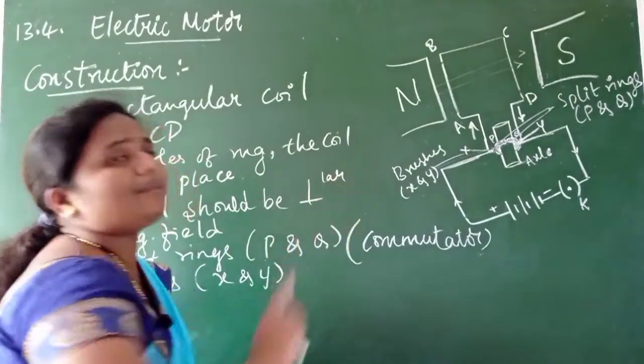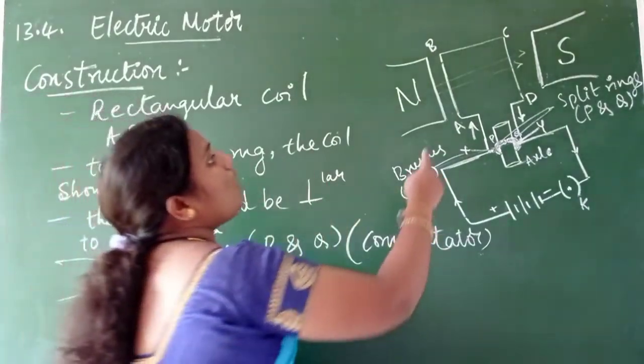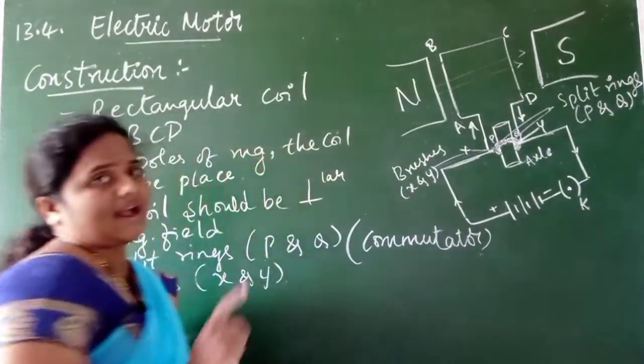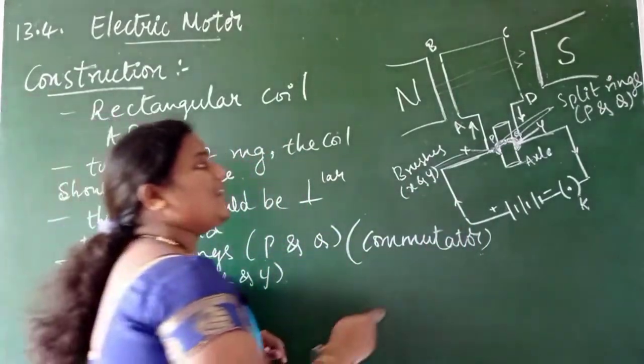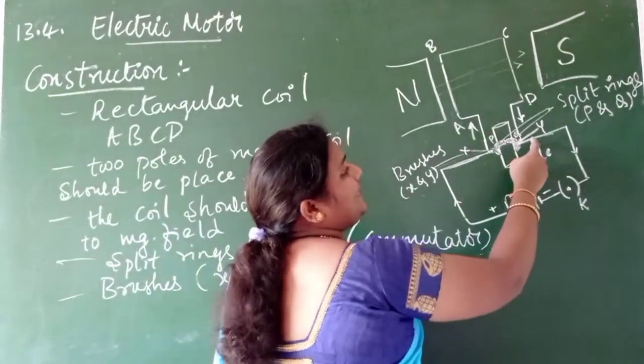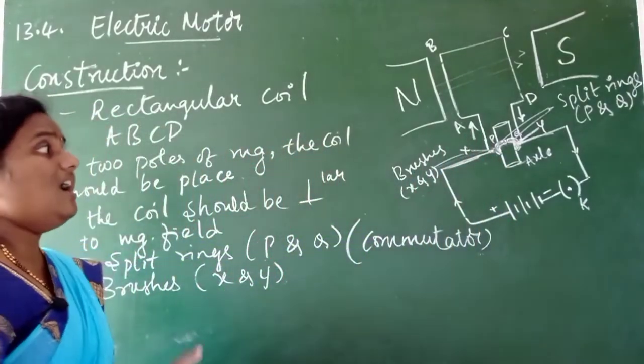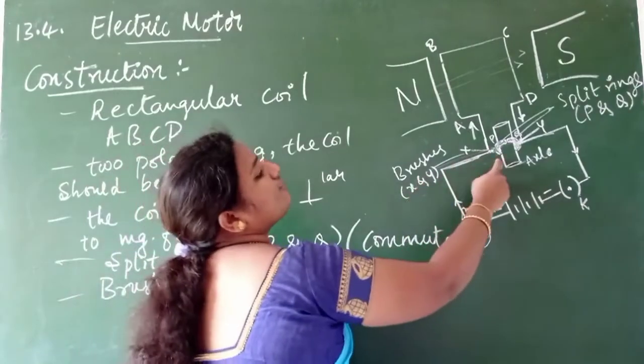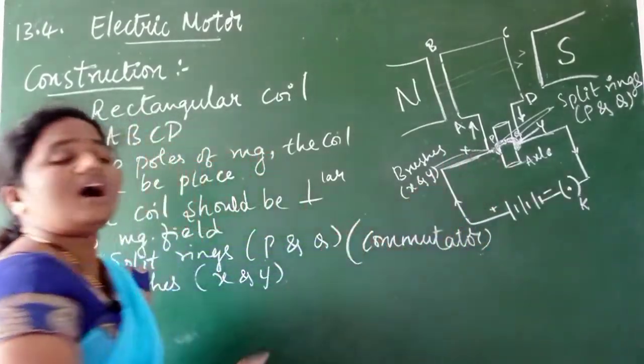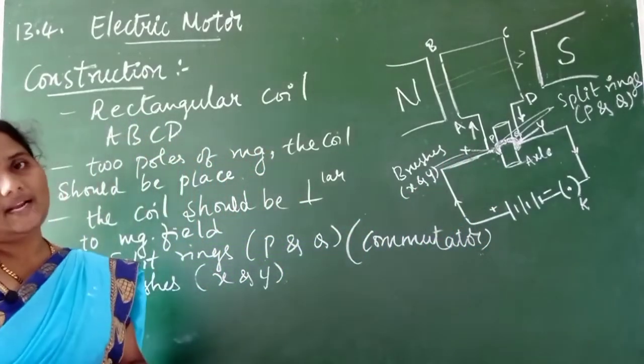The arms AB and CD should be perpendicular to the magnetic field. Here we have used split rings called P and Q as a commutator, the brushes X and Y, a source battery and a plug key.